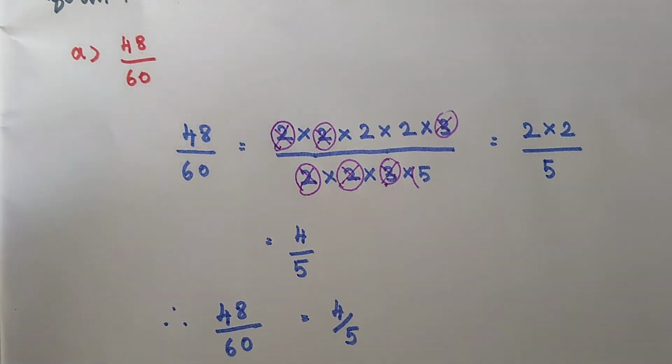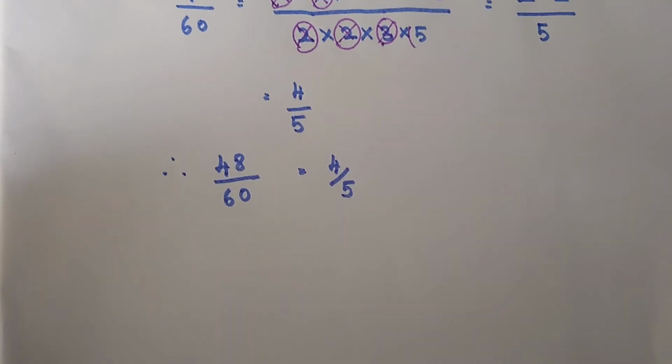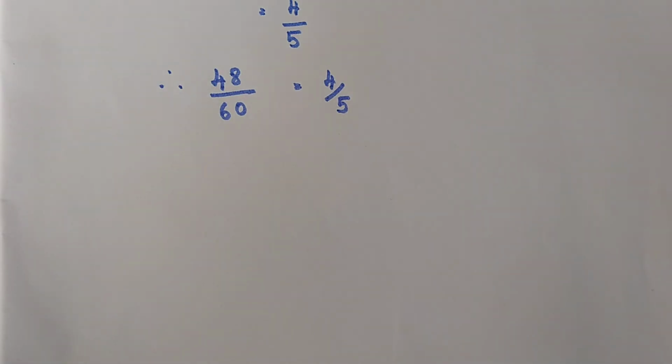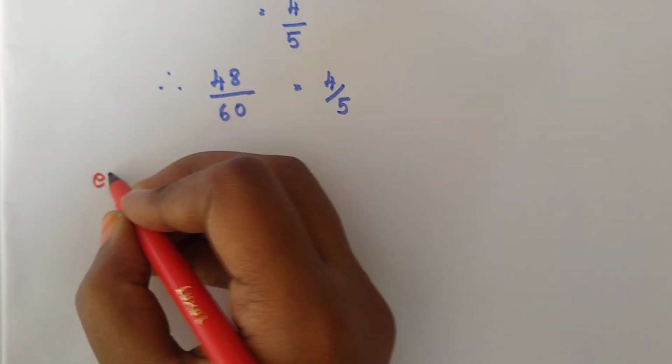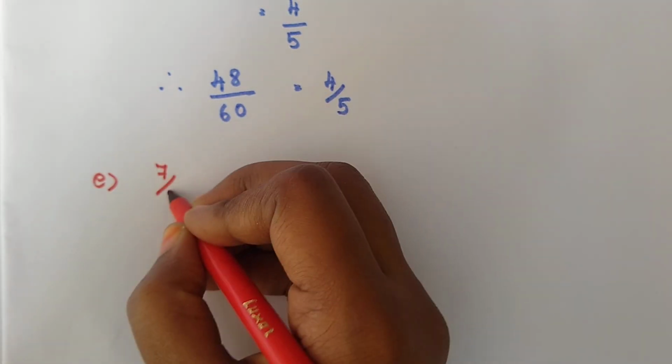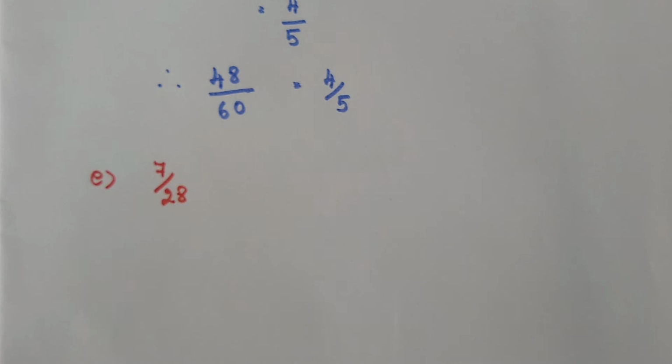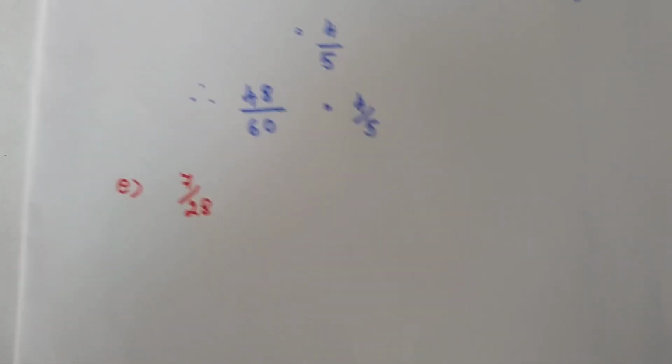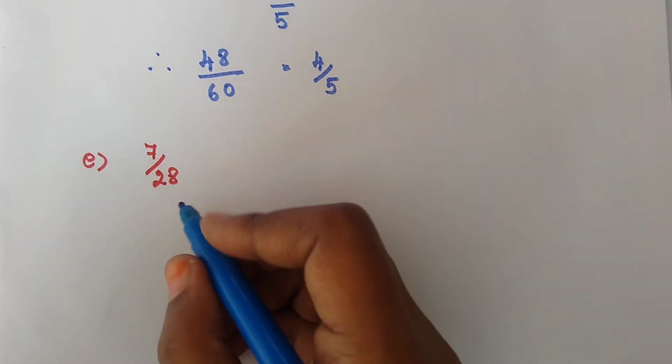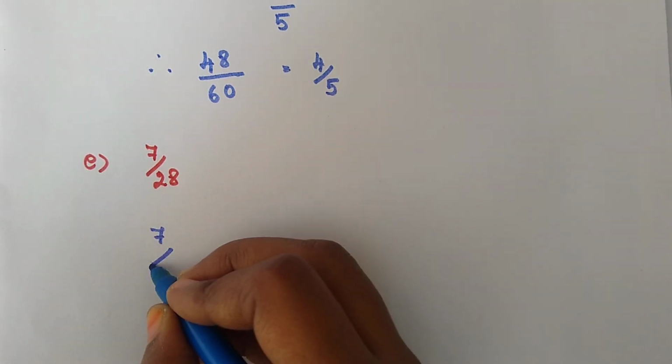Next let's move to subdivision E. It's also the same: 7 by 28. What is the first step? We have to find the factors of 7 and 28.